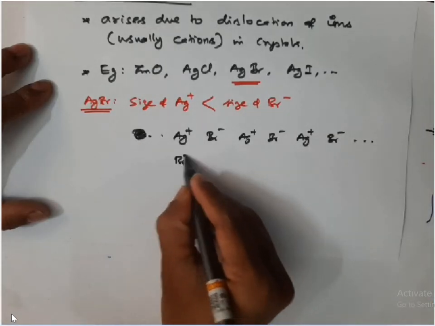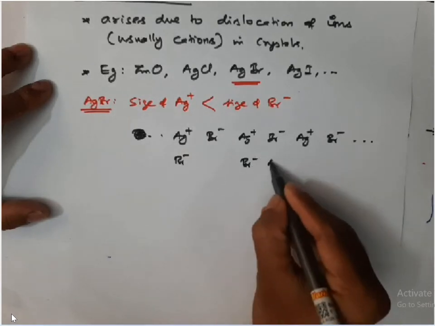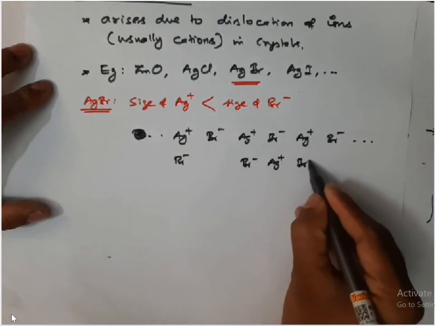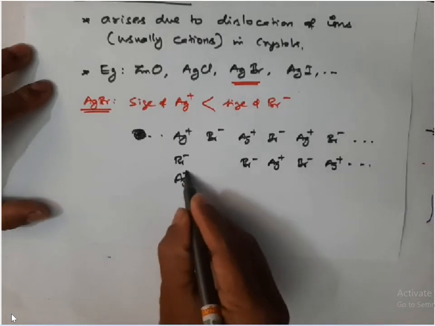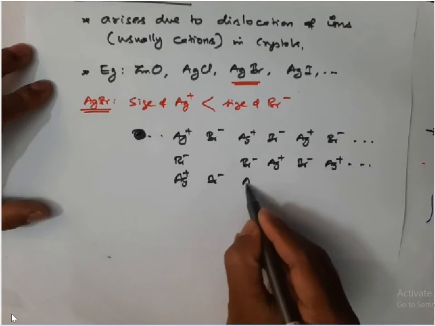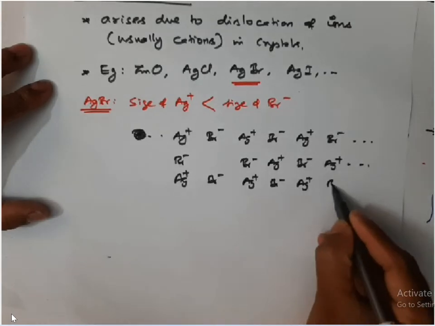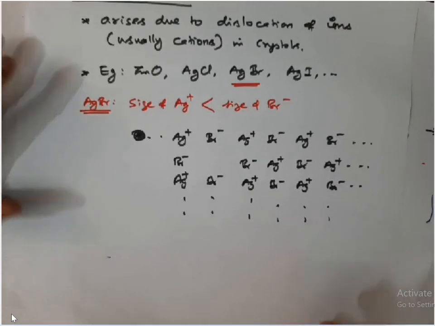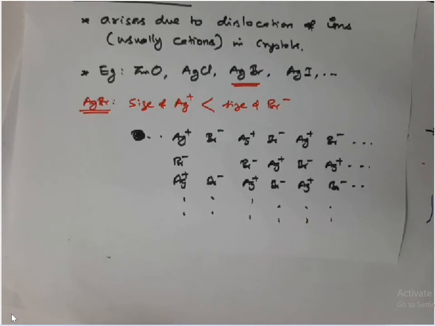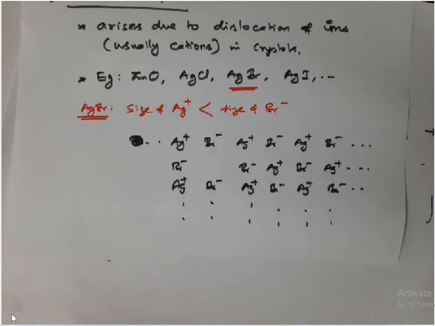Then bromide ion, silver ion, bromide ion, silver ion, bromide, silver, bromide. Like this, these ions are arranged in a definite order, and this order exists for long range.